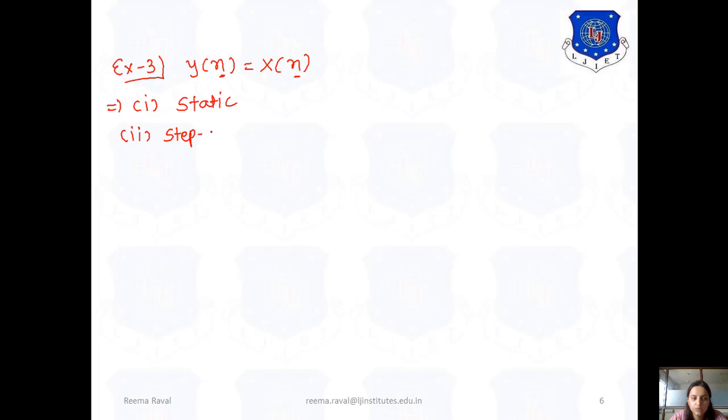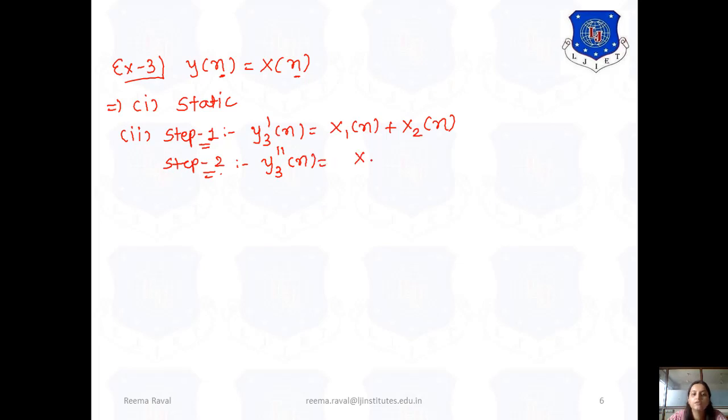Okay. Then the second property, whether it is a linear or non-linear system. For that, step 1 is to consider the individual inputs, which gives y3 dash of n equals x1 of n plus x2 of n. Now step 2: we consider y3 double dash of n, where we are considering the two inputs together. So we write it as x1 of n plus x2 of n, right?